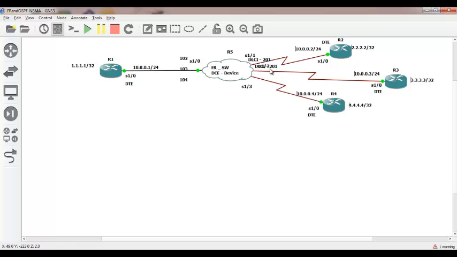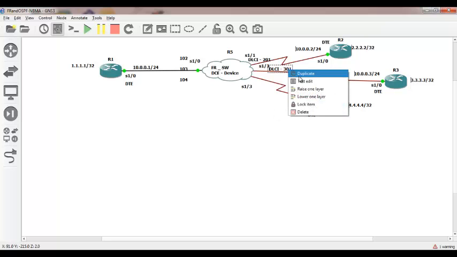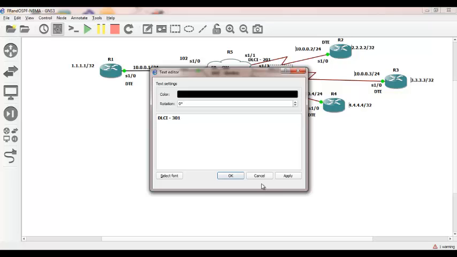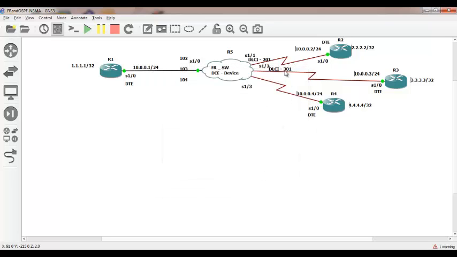This will be 301. This will be 401. Using these values, I am going to form the tunnels.